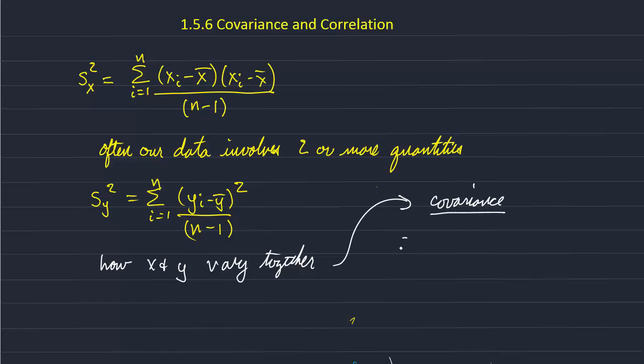We'll denote the covariance as S_XY, and that's equal to, again, the sum over our n data points of the deviation of X from its mean times the deviation of Y from its mean, and then divided by the number of degrees of freedom.